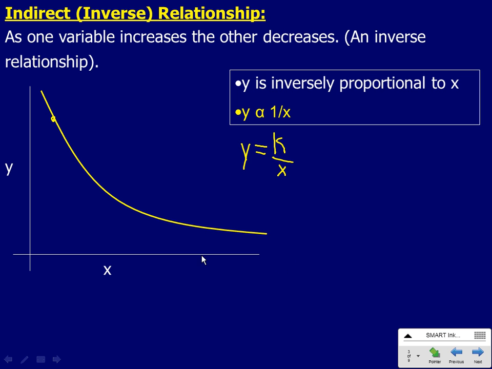Again, I can deal with 2 points, x1, y1, x2, y2. And I can do the same with the equation for this one. Before I put them in, I'm going to move the x. If I have an inverse or indirect relationship, then in this case, I'm going to have y times x equals k, because I brought the y up to the x to the other side. Now I can say y1 times x1 equals k, and I can say y2 times x2 is also equal to the same k.